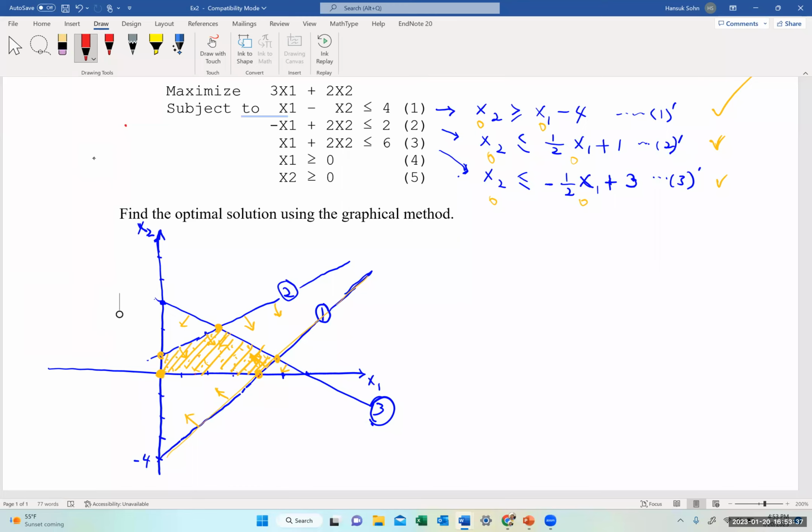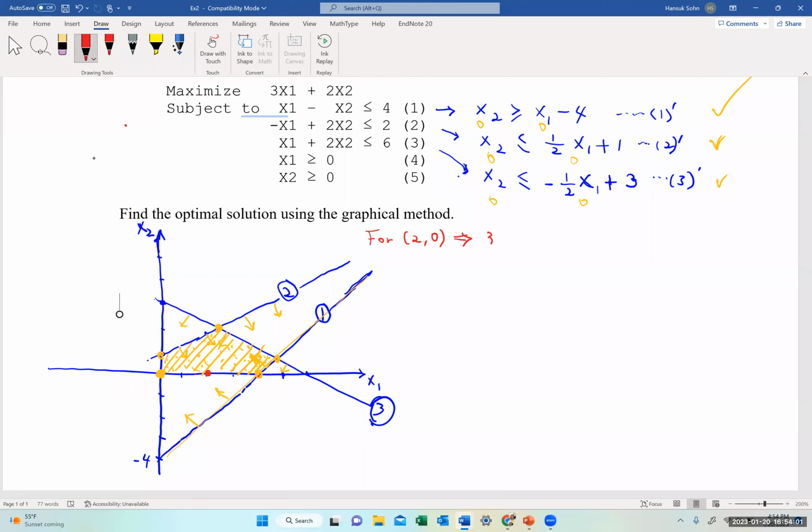It really doesn't matter. So how about we choose point (2, 0)? And then for this point, we need to compute the corresponding objective function value.